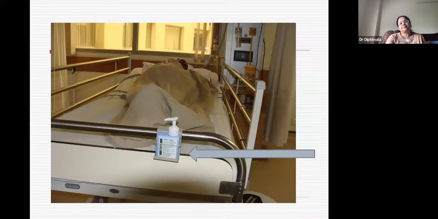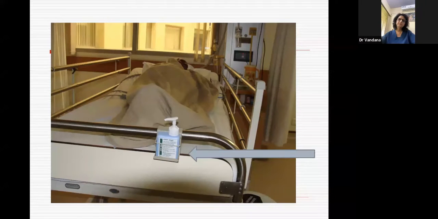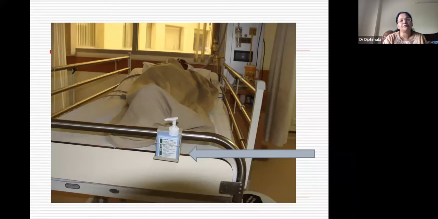I'm sure in all of your ICUs, for every patient, you must be having hand rub. And if you don't have, please do keep, because every time it is not possible to run to the wash basin to wash the hands.